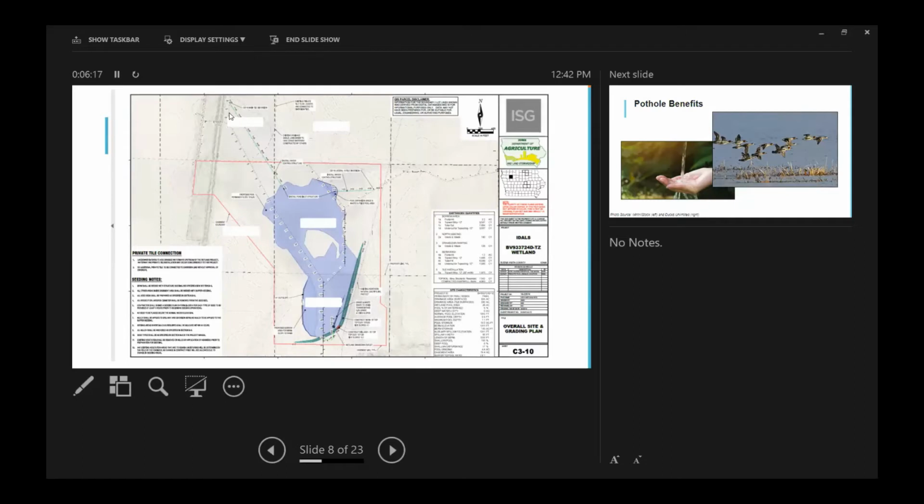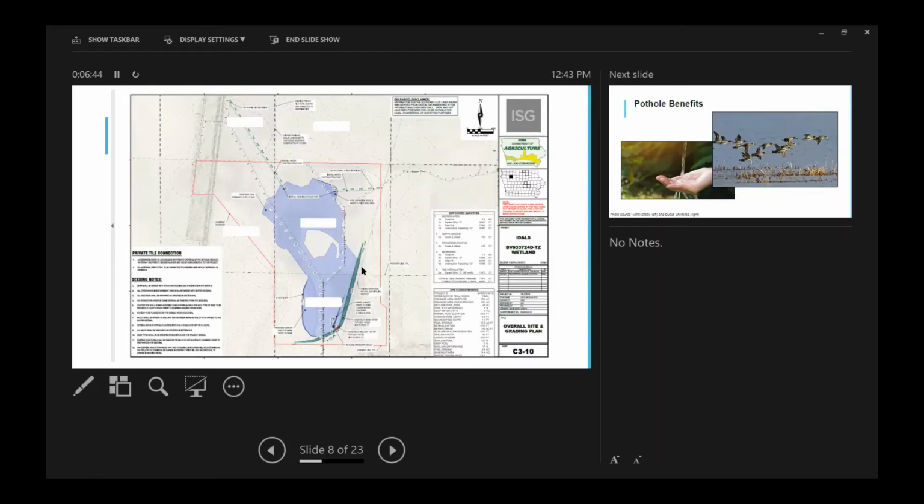You'll see here, this black line is the existing drainage district infrastructure, and this green line, where my cursor is, is where we plan to intercept that, and slowly at a slight grade bring that water over to the blue area, which is going to be our pool.